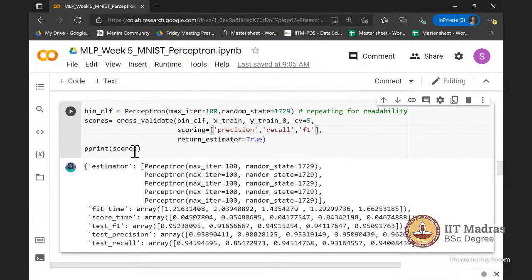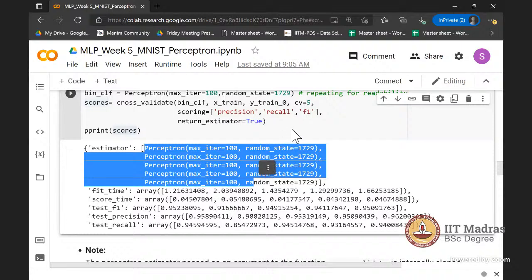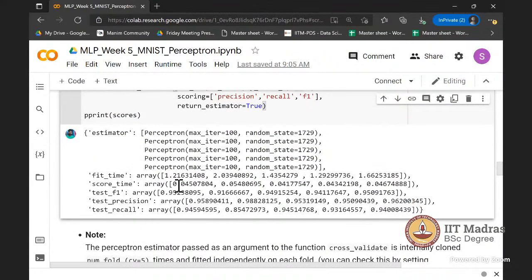After doing the cross validation, you'll find that there are 5 different models, because there were 5 cross validation folds. So cross validation trains the model 5 times.